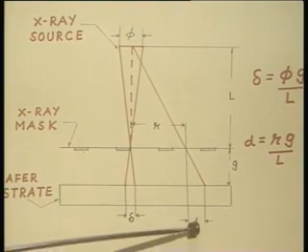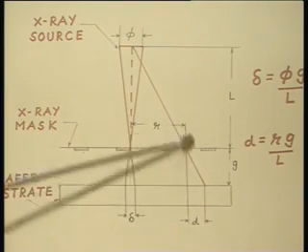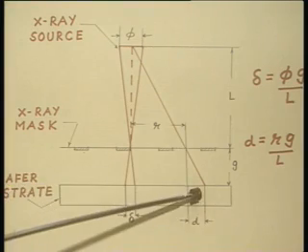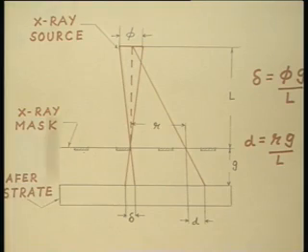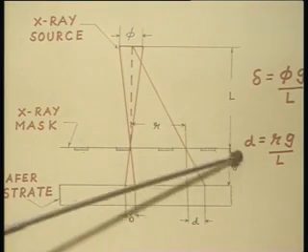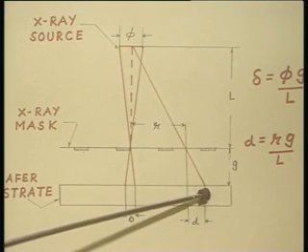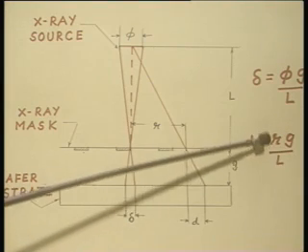That is, d is going to be directly proportional to r, and obviously it is going to depend on the separation between the mask and the substrate. That means g is again coming into the picture. So, you can see that the amount by which a pattern gets shifted on the semiconductor surface is given by r times g by L.